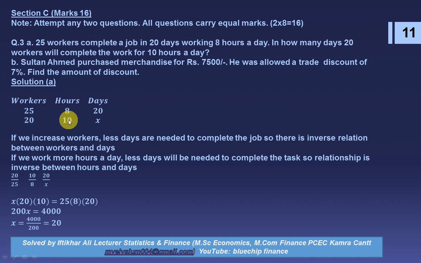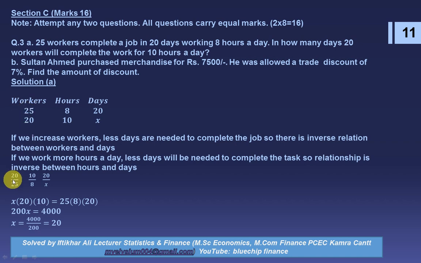After this step, in the second step, just check the relation of each variable with this missing variable. If there are more workers, fewer days are needed to complete the job. So the relation is inverse. So we just interchange this order, 20 divided by 25 rather than 25 divided by 20.